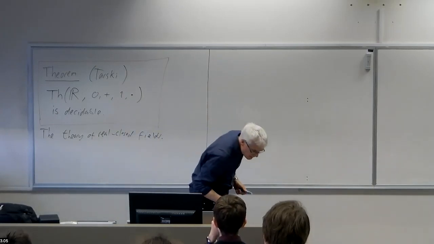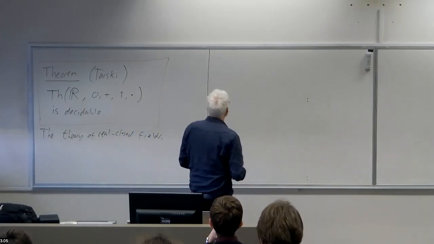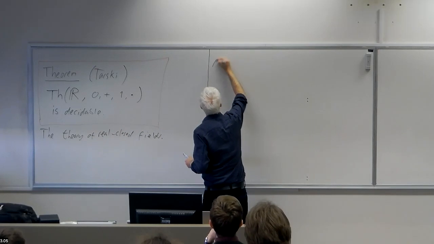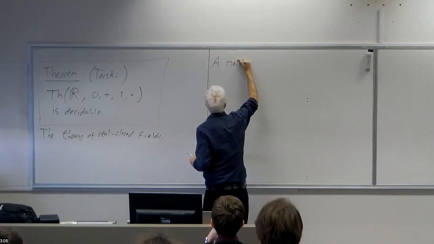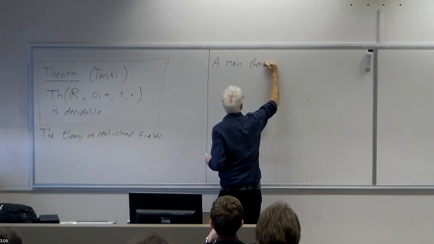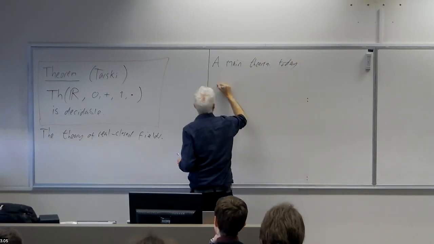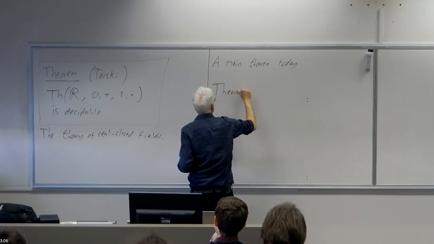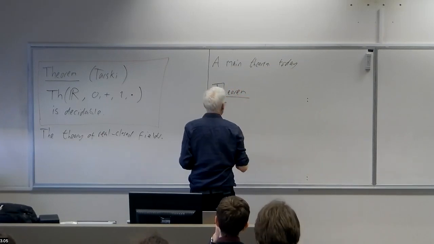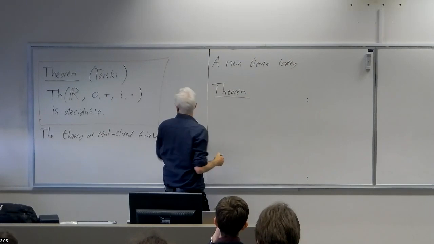So let me state one of today's main theorems, a theorem which would be an easy consequence of Tarski's theorem, but we're going to prove it in our own right.